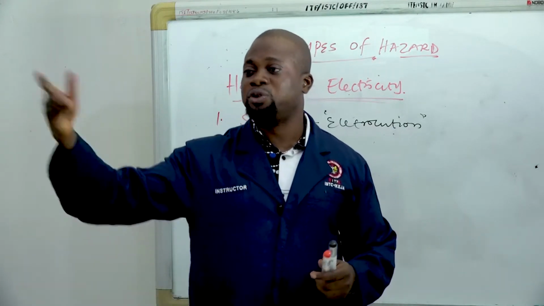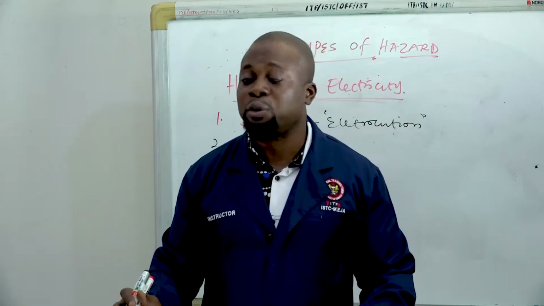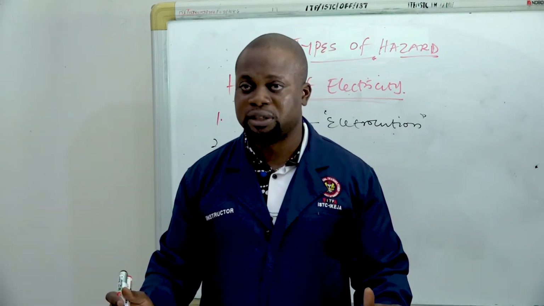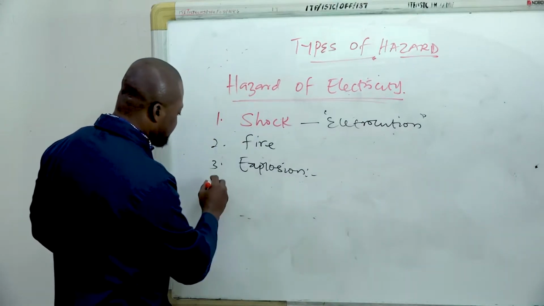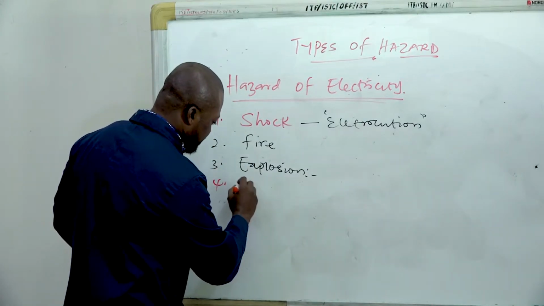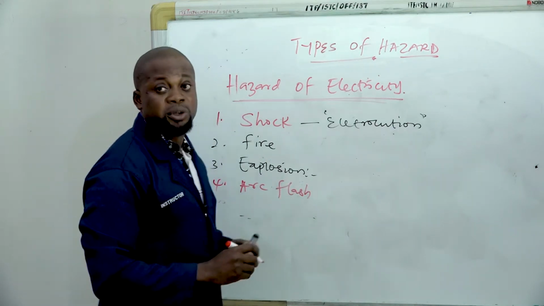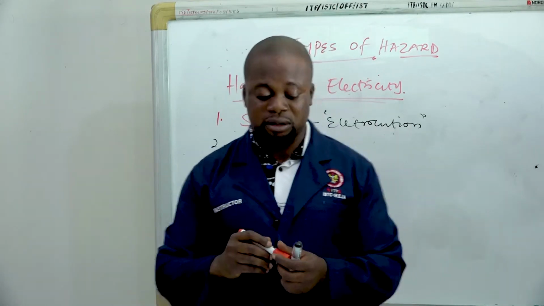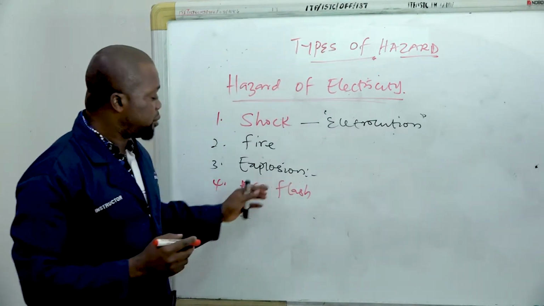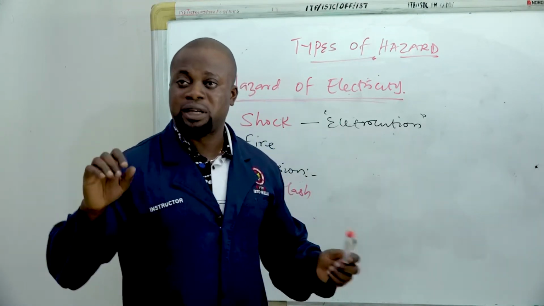Once it explodes, it can lead to damage of equipment or materials. Then we looked at another effect, the arc flash. What is arc flash? It is like an explosion, but it's like a spark.